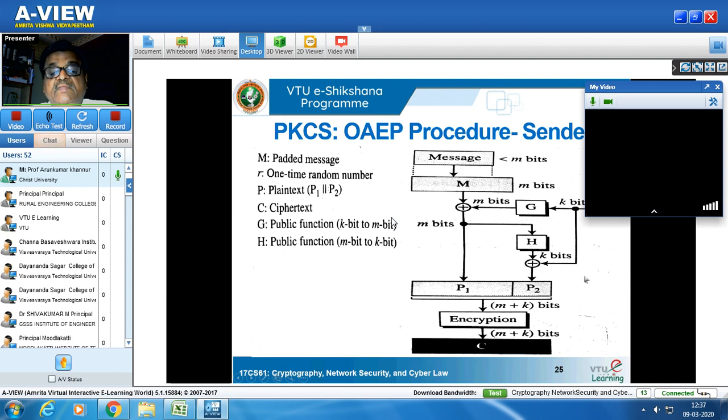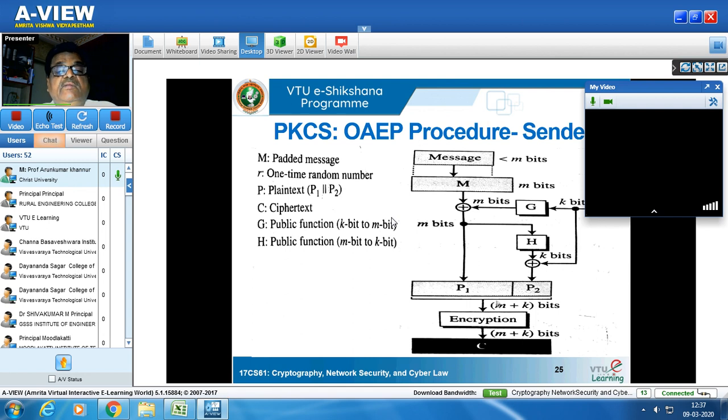Like this, the message has M plus K bits. M bits are for padding, K bits are the original message. When both of these are given to encryption, which uses the exponential function as usual in public key cryptography, it converts into ciphertext.